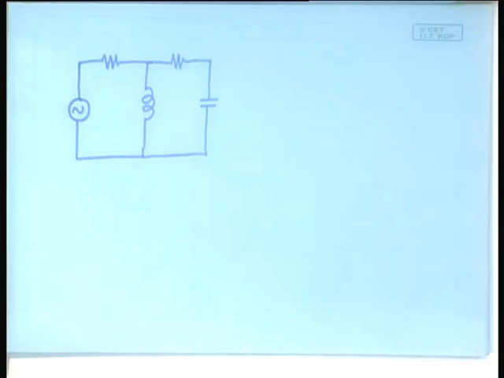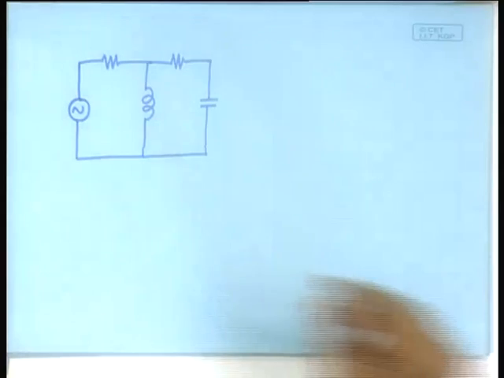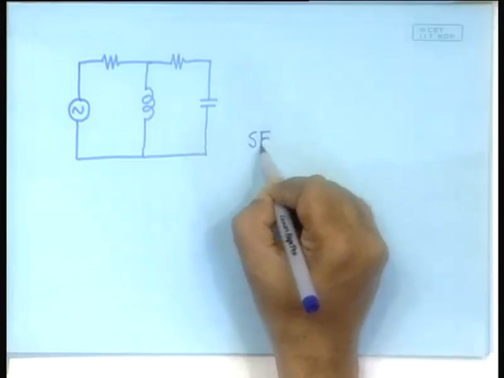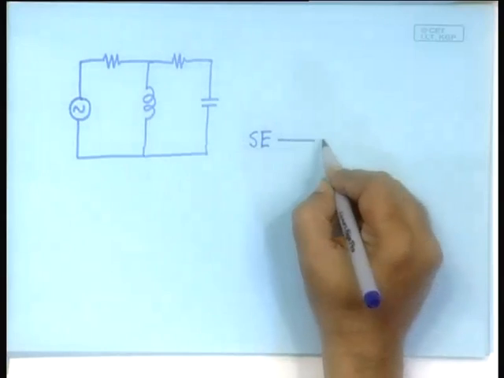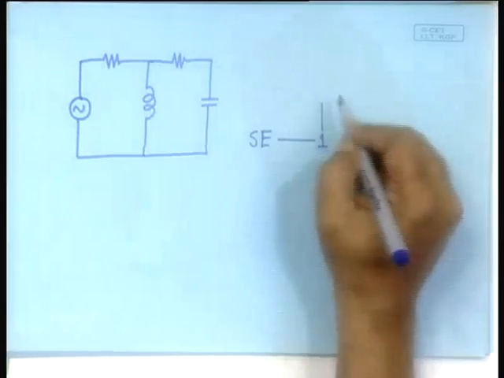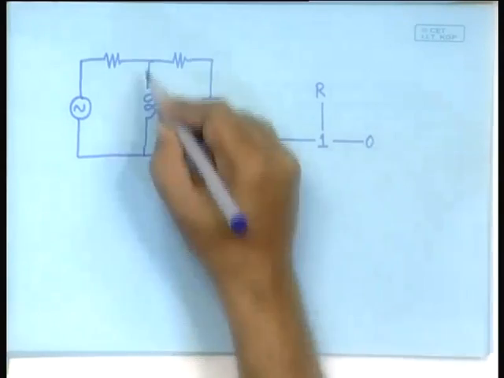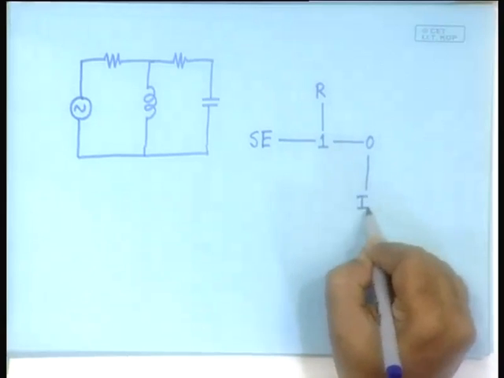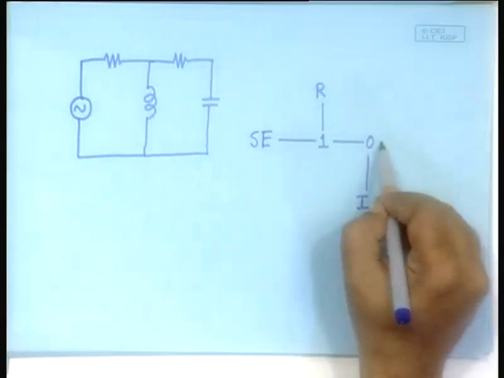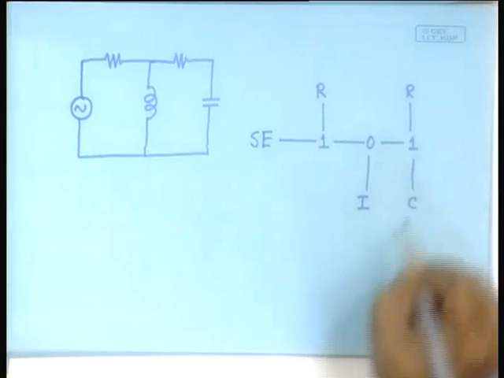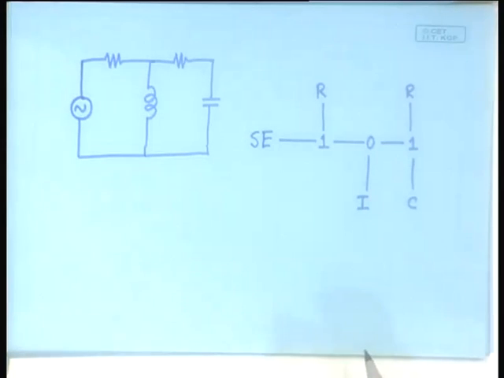Now, let us draw the bond graph of it. SE connected to I, connected to R, in parallel with I. Here it is a series arrangement of R and C. Fine.